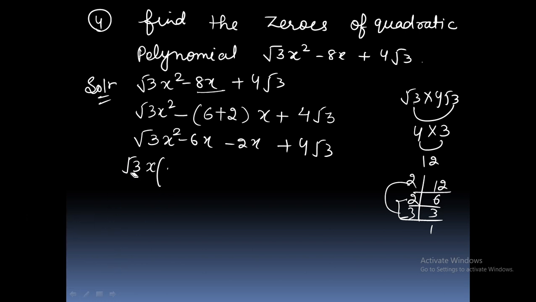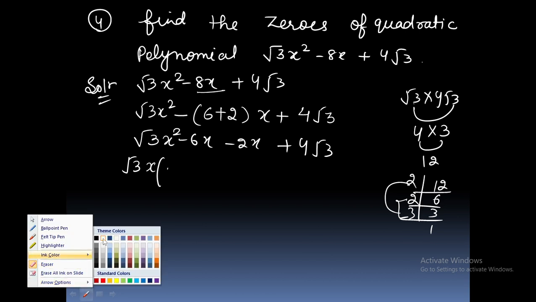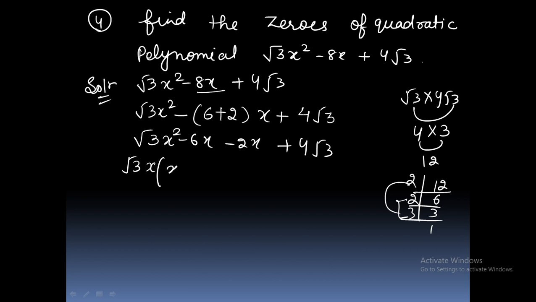No, you can take root 3 common, root 3x common, x minus, and here we will take 2 root 3 multiplied by root 3. When we solve it we will get 6.